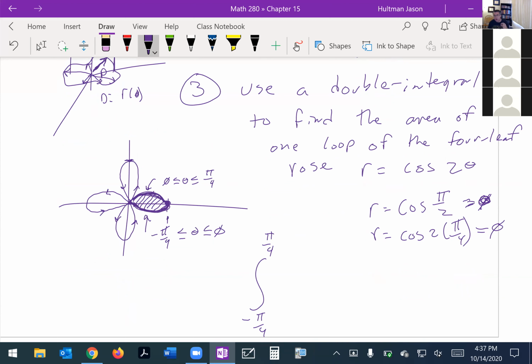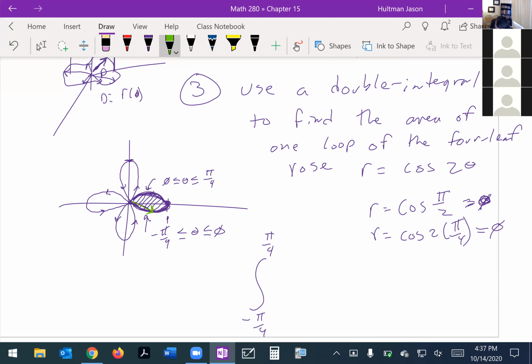What's r going from? What's r allowed to go from? You would think it's 0 to 1, but it's really not.